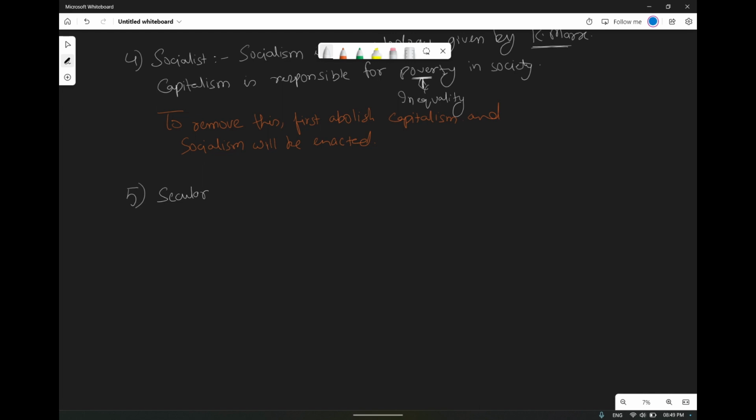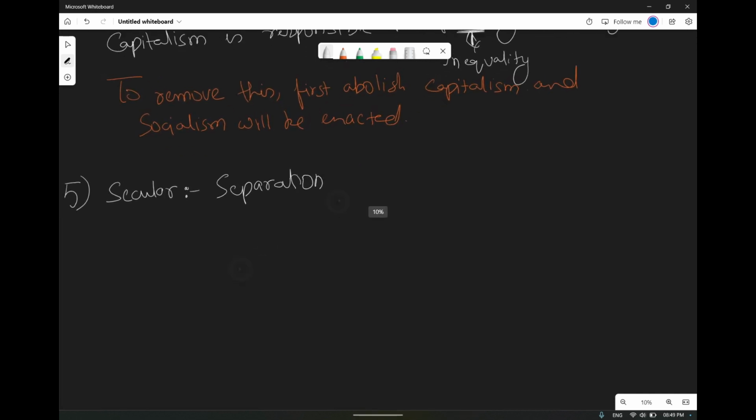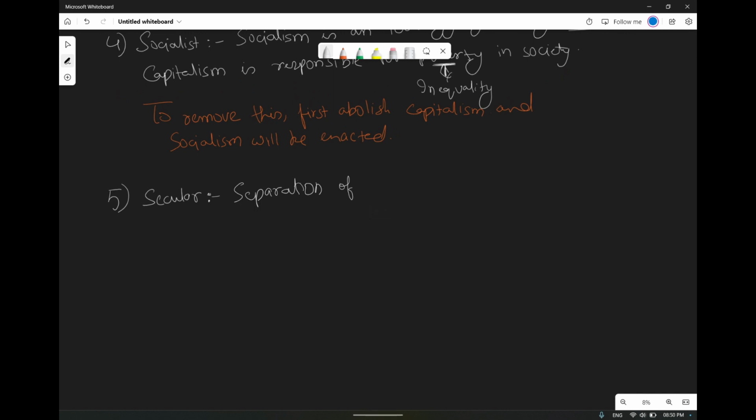Okay, the main aim was separation of religious matter from the state. Okay, there is a special term for that, I will tell you. Secular means separation of matter. Okay, of matter. There is an important term, the spelling is very tricky.